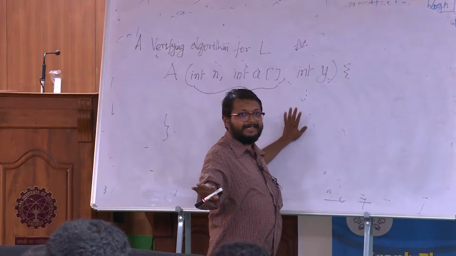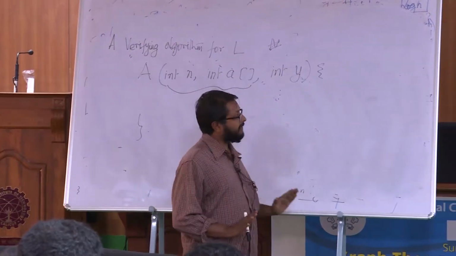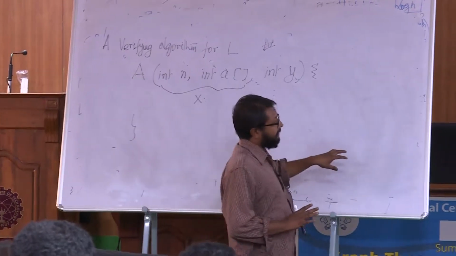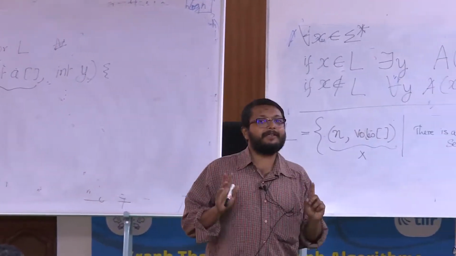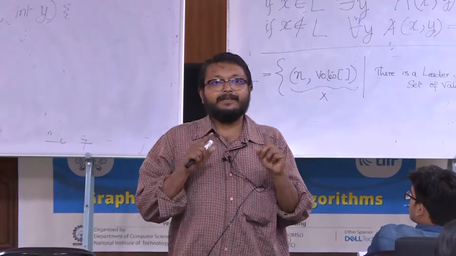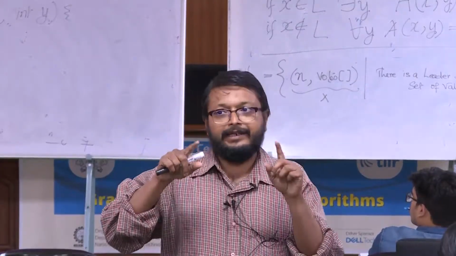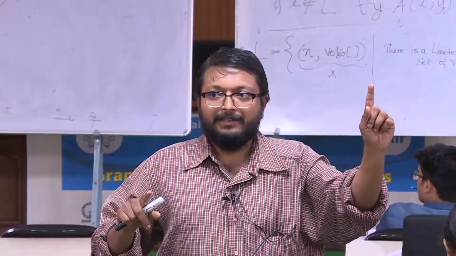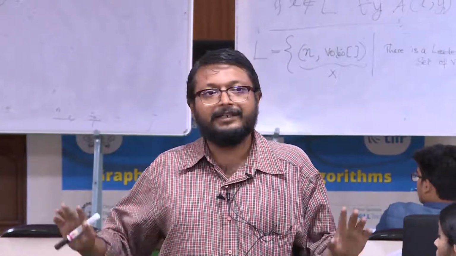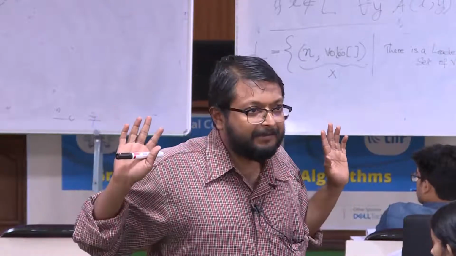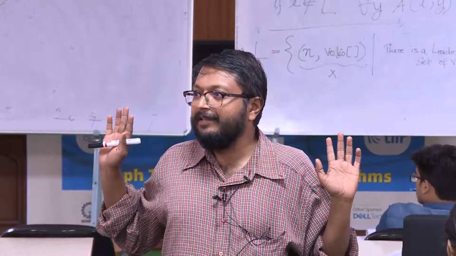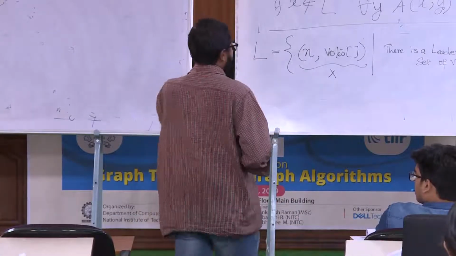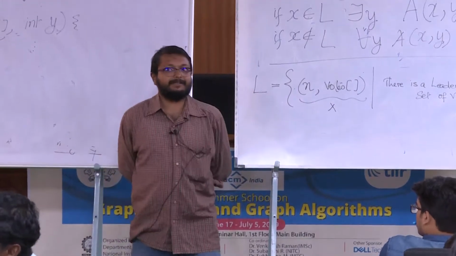Okay, so you have written an algorithm which looks like this. What is your algorithm doing? Checking whether y is a leader in n comparisons. If y is a leader, you will return 1. If y is not the leader, you will return 0. My question is, is this a valid verifier for the leader election problem?